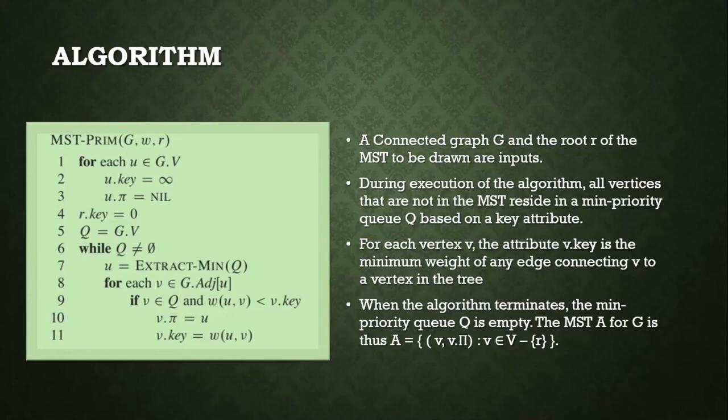Then Q is equal to G.V. Q means all the vertices that are not in the MST list, so initially all the vertices are in Q. While Q is not empty, that means while there are vertices not in the MST list, we will take u as the extract-min of Q. That means we will take a node from Q with the minimum key and put it in the MST list.